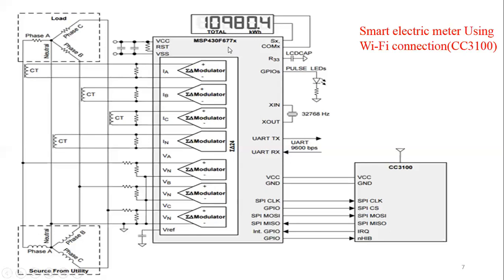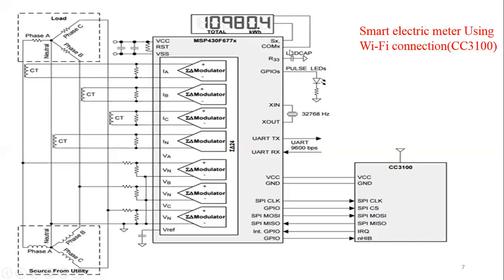This is a very simple diagram, and this feature is available in the 6XX family, that is the 6th generation family, and this is connected to the internet. For the internet we are using a Wi-Fi module, so that's why Wi-Fi is connected. That's why it is called a smart electric meter. This meter will be used to measure all electrical parameters, that may be voltage, current, RMS values, powers, energies.